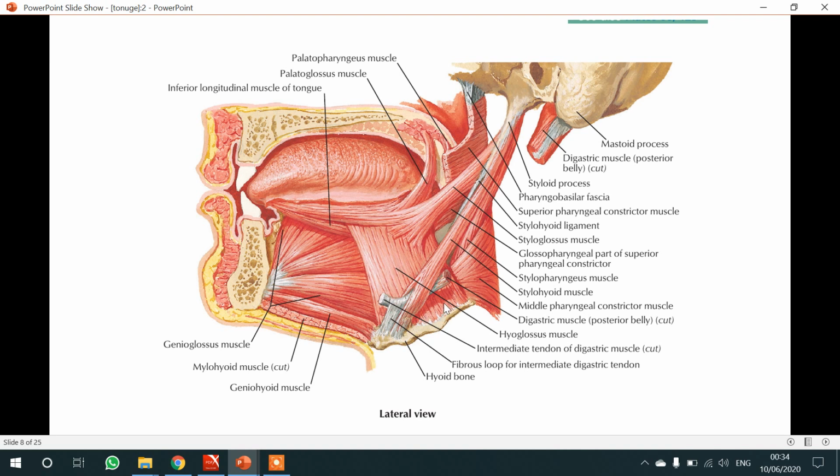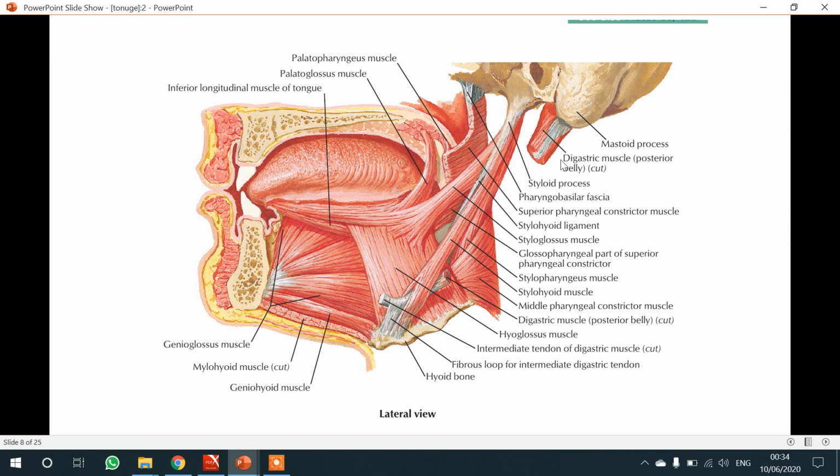Then hyo from the hyoid bone, glossus to the tongue. This muscle is a quadrilateral tongue muscle. Then stylo from the styloid process to the tongue, glossus. It merges with the hyoglossus muscle as well as the inferior longitudinal, which is an intrinsic muscle of the tongue. Then palato, glossus from palate to the tongue.